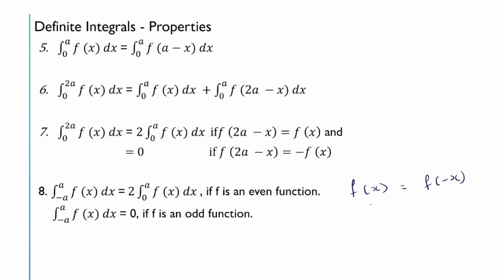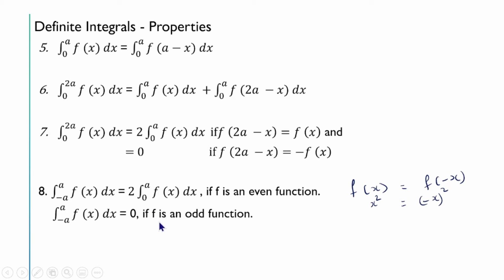Say for example, if we take f of x as x square, then f of minus x is minus x the whole square. So here f of x is equal to f of minus x, so x square is an even function. So if f is an even function, integral minus a to a f of x dx equal to 2 times integral 0 to a f of x dx.